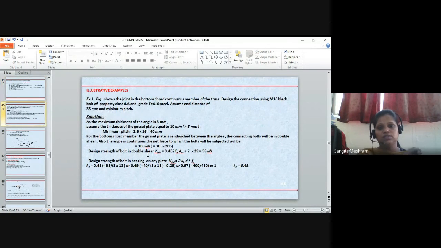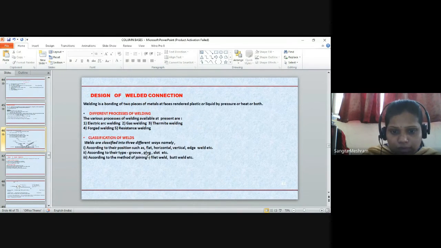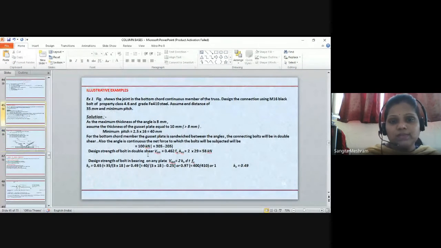Okay, so here one numerical is given which is related to the truss member. If we have to connect different members in case of a truss joint, suppose we see the question. Yeah, we have to design the connection.